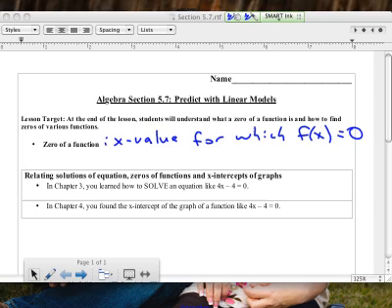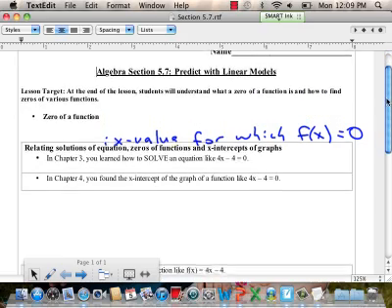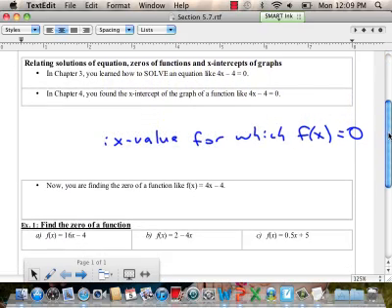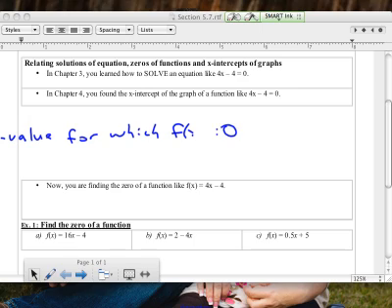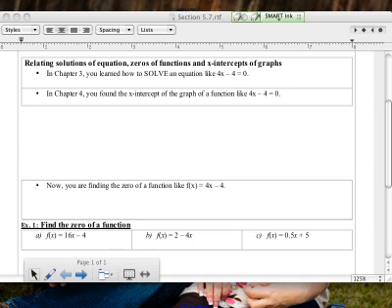So let me rephrase all of this and connect it with some things that we've already discussed throughout this class. If we look at the next section here, we're going to look at relating solutions of equations to zeros of functions. Okay, so in chapter 3, we learned how to solve an equation, 4x minus 4 equals 0.